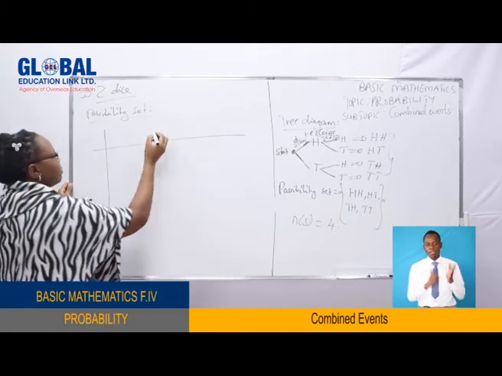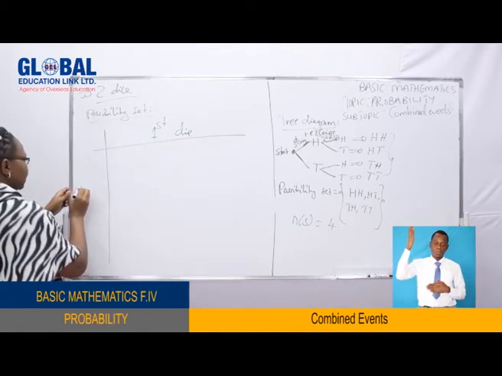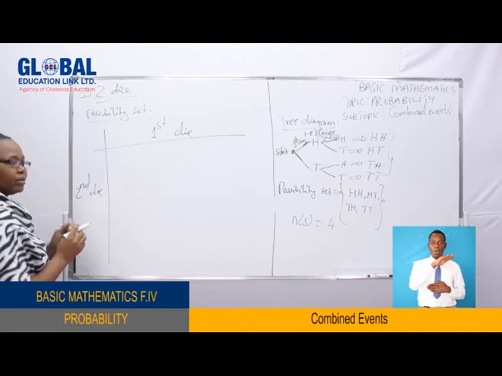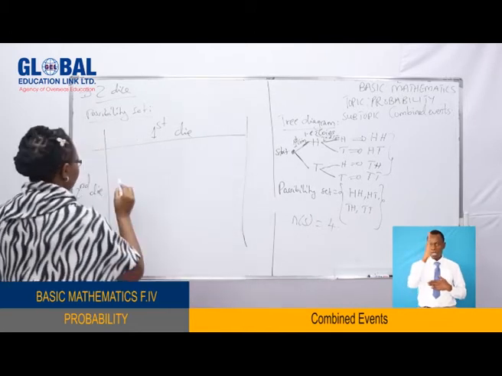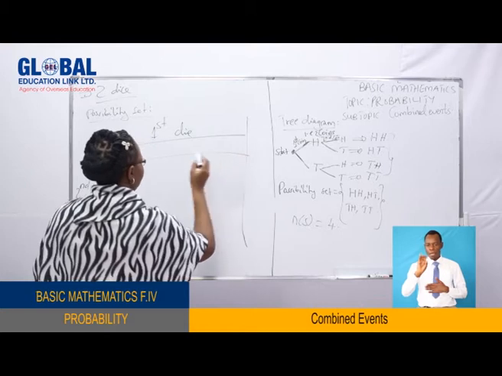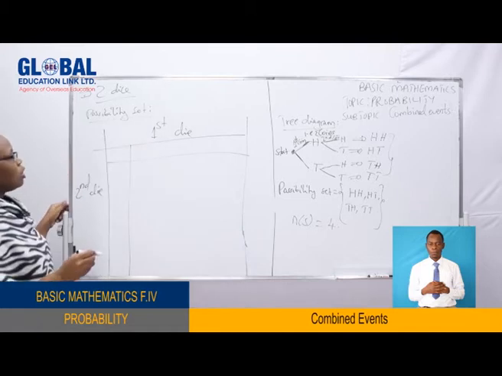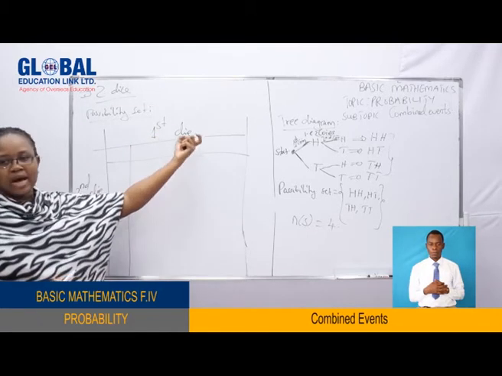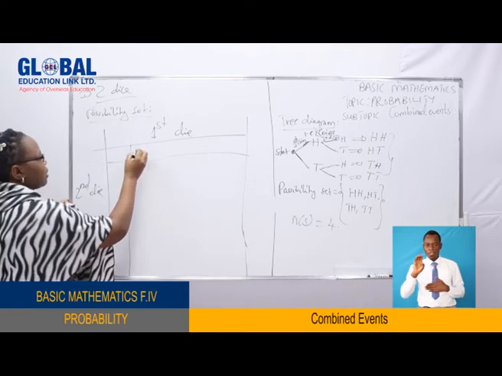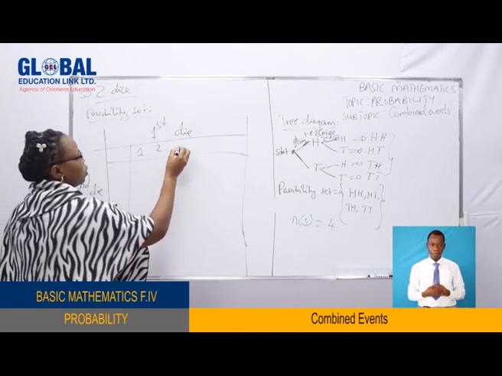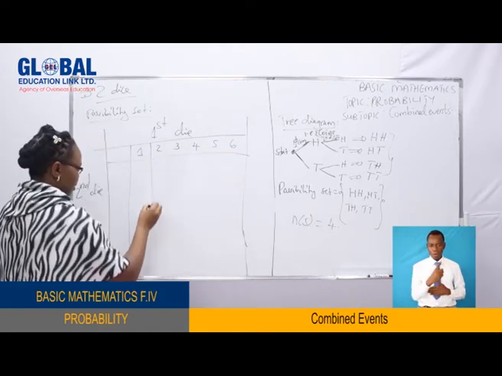Our table will contain the first die, and on this side we'll have the second die. When you toss the first die, the possible numbers to occur are 1, 2, 3, 4, 5, and 6.